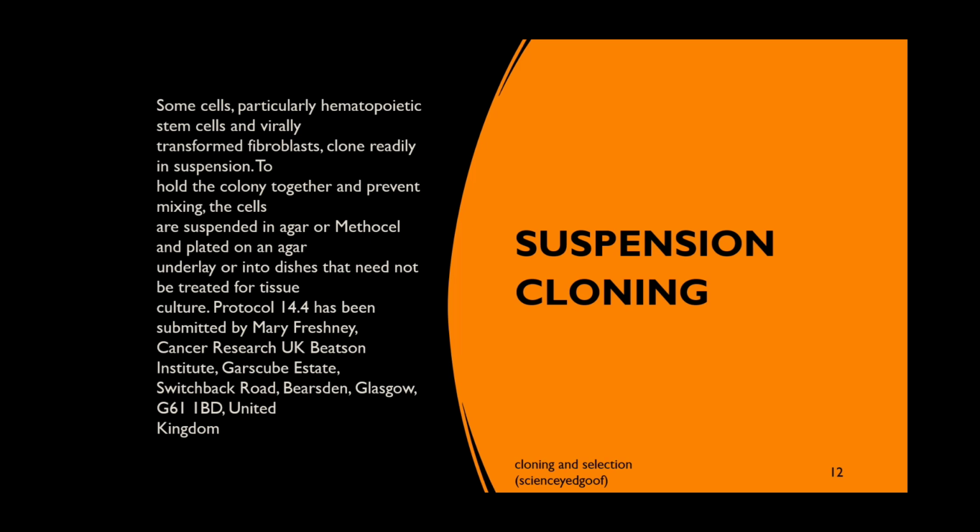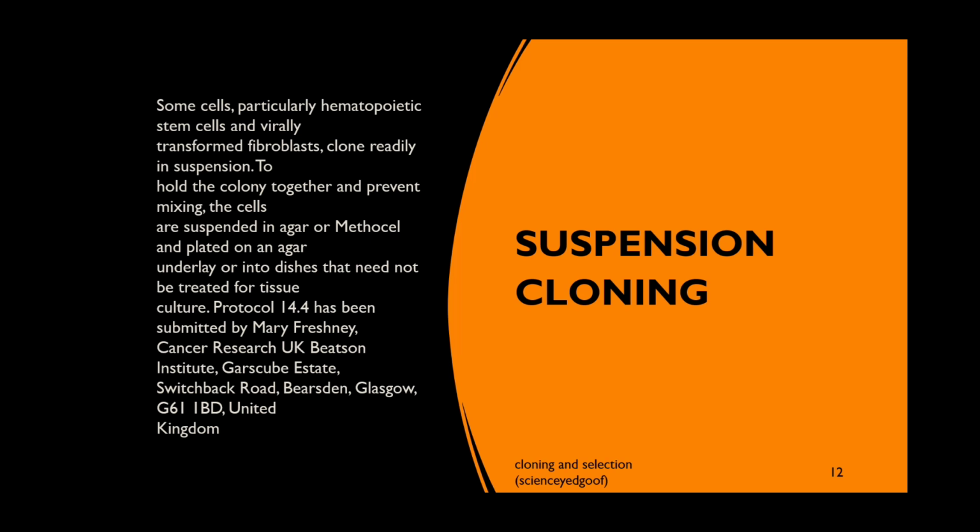Suspension cloning is also a type of cloning method. For example, in some cells, particularly hematopoietic stem cells or virally transformed fibroblasts, you can easily get the clones in a suspension rather than in a solid medium.